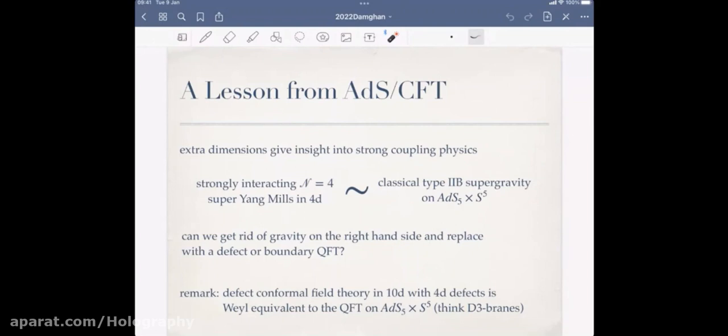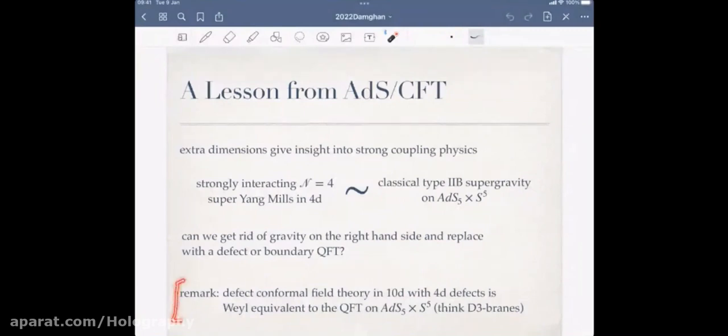I'll just make a remark here. You think about this theory, type IIB supergravity or type IIB string theory on AdS5 x S5. The way it's often motivated is you take a stack of D3 branes, they're really heavy and they warp the space-time, and then the space-time becomes AdS5 x S5 when you get close to the D-branes.